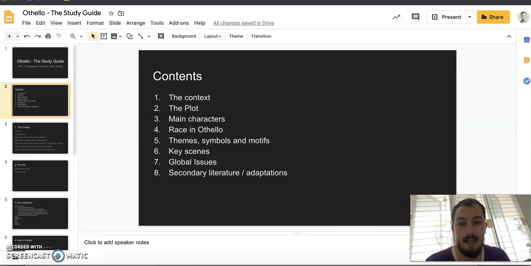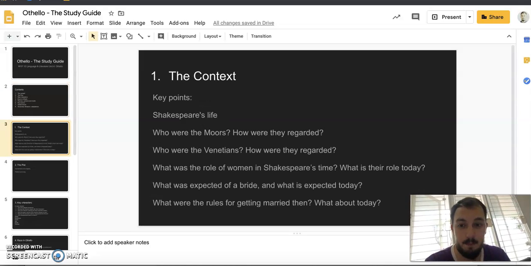So you'll see there are 8 sections to it: the context, the plot, main characters, race and Othello, themes, symbols and motifs, key scenes, global issues, secondary literature. Obviously the context, we've already gone through this a bit.